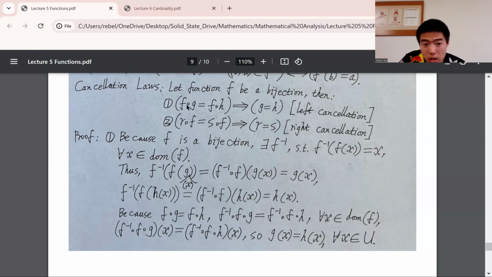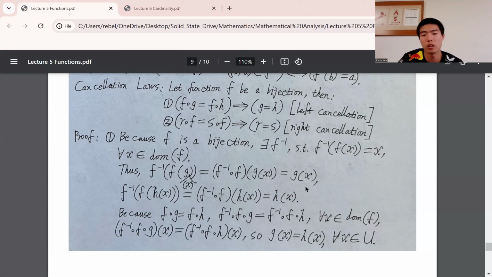And just notice that here the assumption is f composite with g is equal to f composite with h. So the domain of g must equal the domain of h, because the domain of f composite with g is equal to that of g, and the domain of f composite with h is also that of h.